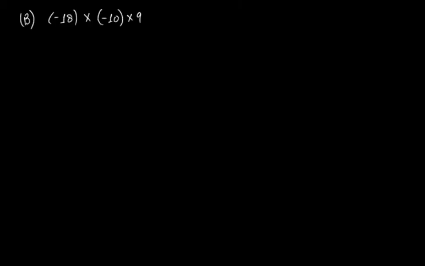Let's move to the next question, and that is minus 18 times minus 10 times 9. Here again you can use the associative property to make your calculation easier. One way could be that you group together minus 10 and 9, so this will give you minus 18 times minus 90.